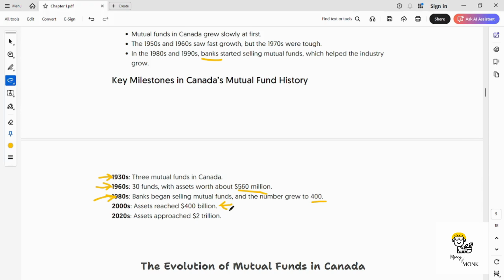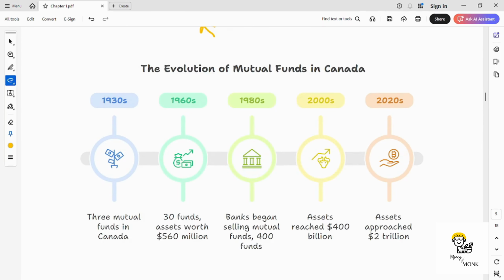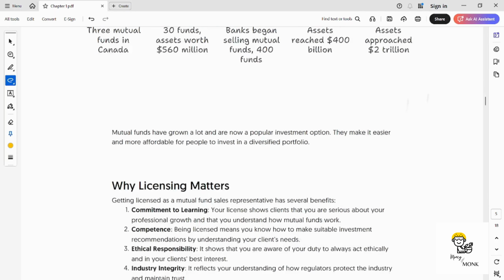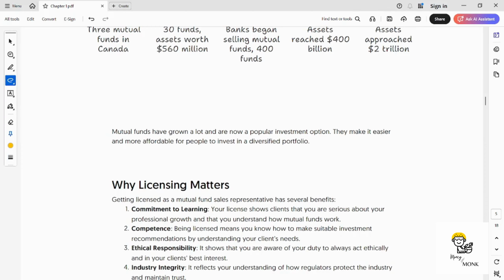Early 2000s, assets reached $4 billion. 2020s, assets approached $2 trillion. So as of now, the Canadian mutual fund industry has about $2 trillion in assets. Again, here's a little diagram for you guys to help you memorize this.